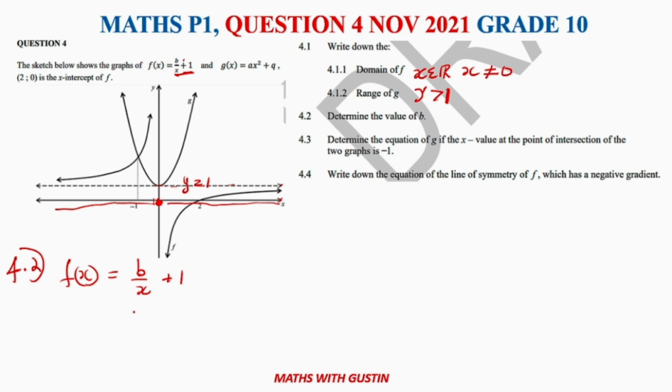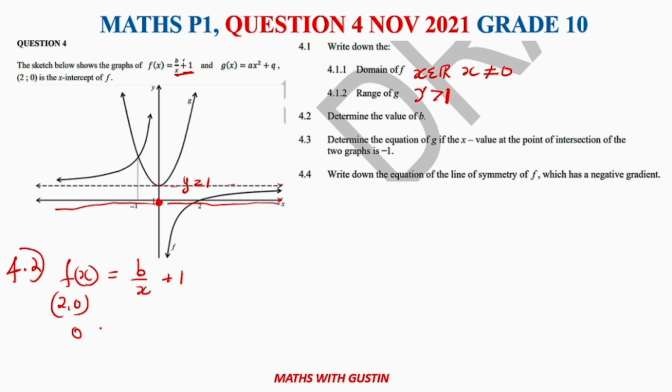Now they're asking us to find b. We can substitute the x-intercept, because it is given to us here as f of 2 is equal to 0.